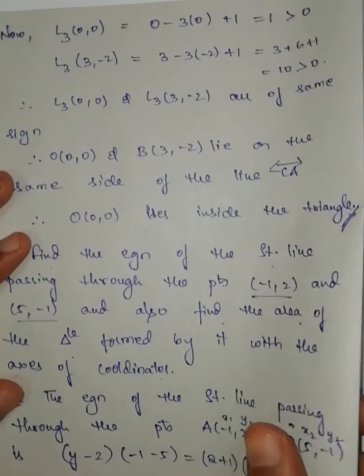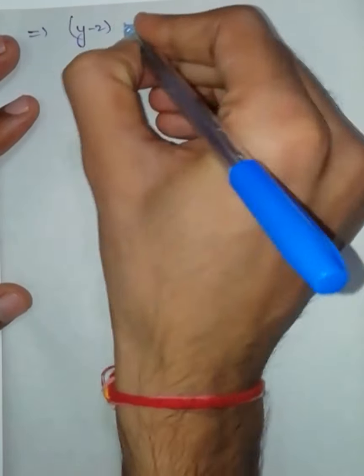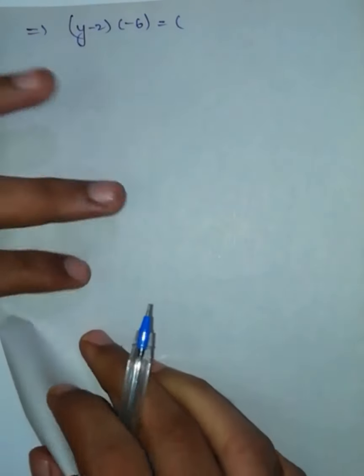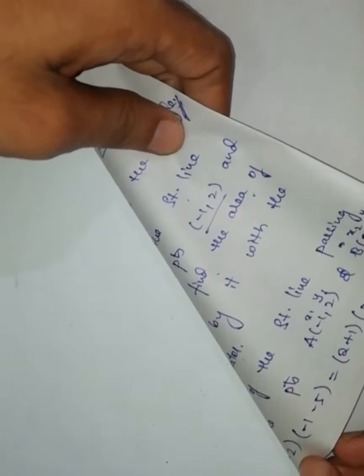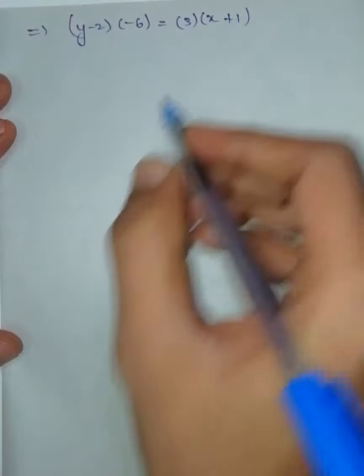Now simplifying, we will get (y minus 2) into -6 is equal to 3 into (x plus 1).